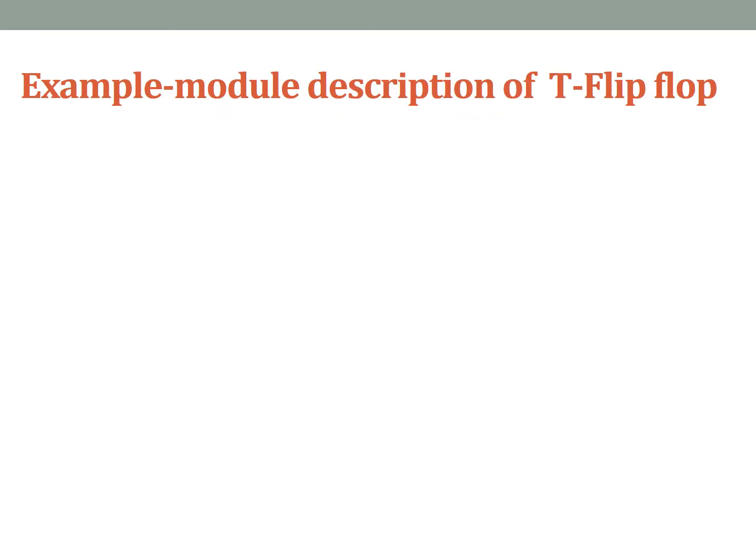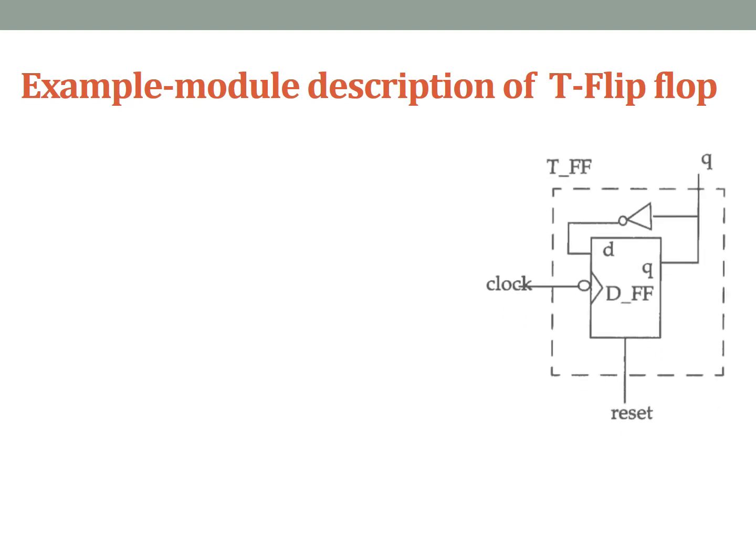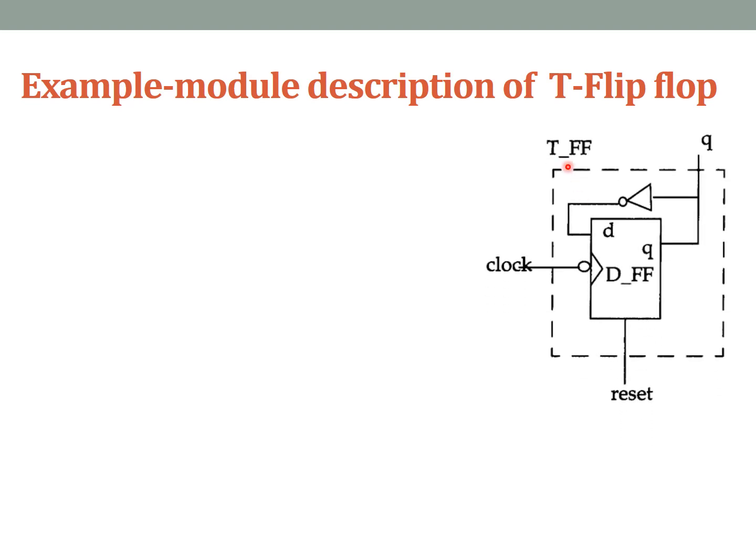Now let us see an example of a module description of a T flip-flop. Consider the T flip-flop module given here. The name of the module is T_FF. Identify the inputs and outputs of this system. This system has clock as an input signal, reset as an input signal, and Q as the output signal. Let us name this module T_FF, that is T flip-flop.